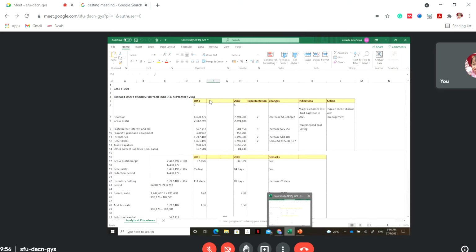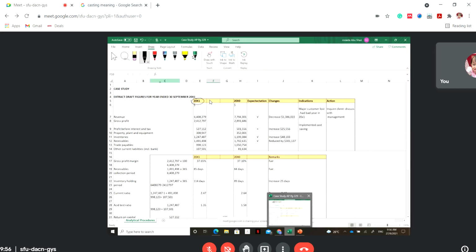What you actually want to do in the audit is take the extracted draft figures for X1 and X0. In the final exam question, maybe you have to calculate, or maybe not, because you might be given all the information and you just do your changes here.